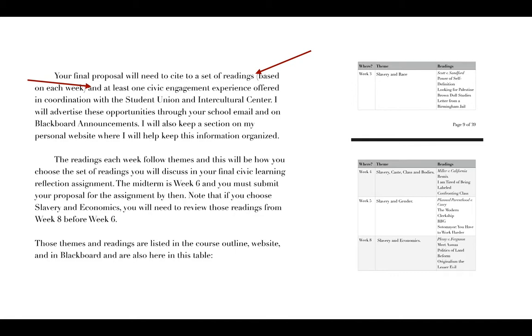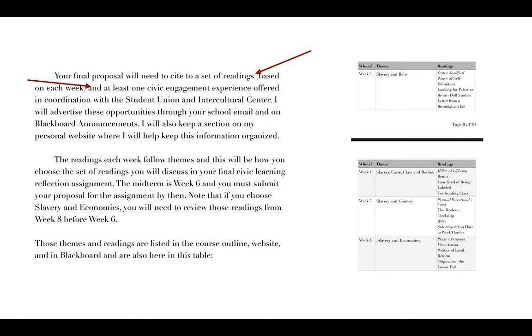Maybe you're more interested in labeling theory, deviance, criminal behavior, and so you'd be looking at the slavery, caste, class, and bodies. You could also talk to me and we could come up with a set of readings based on your particular interests.